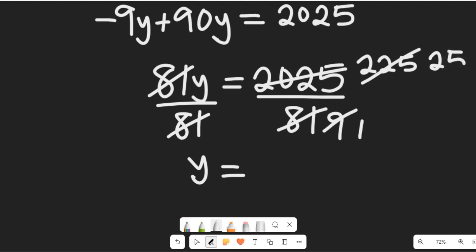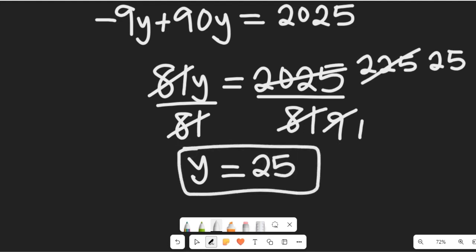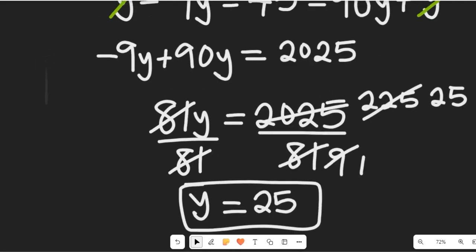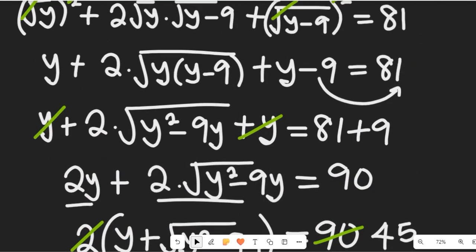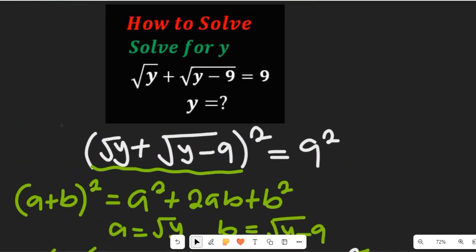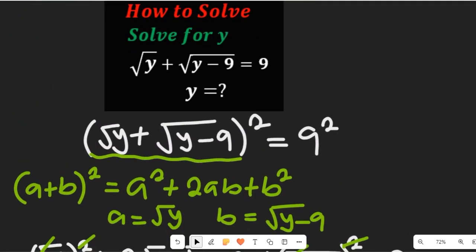So the value of my y is 25. That means 25 is the solution to that expression that was given to us. So you see that we can simply find the solution of this using algebraic expression.